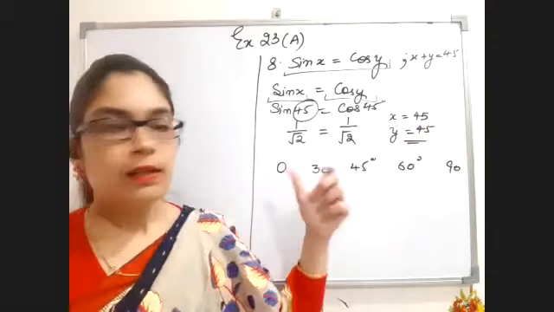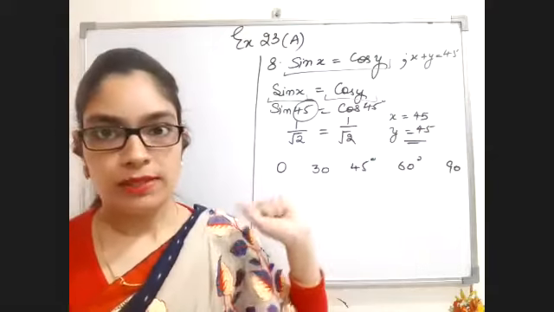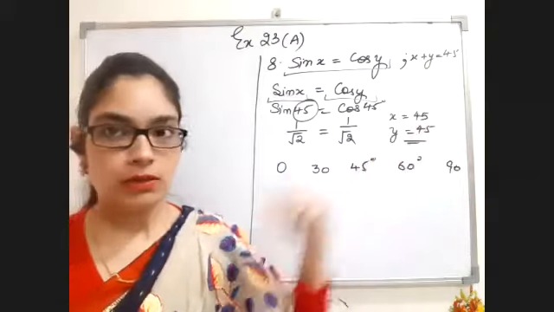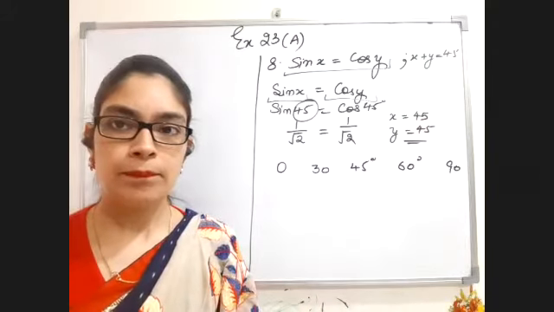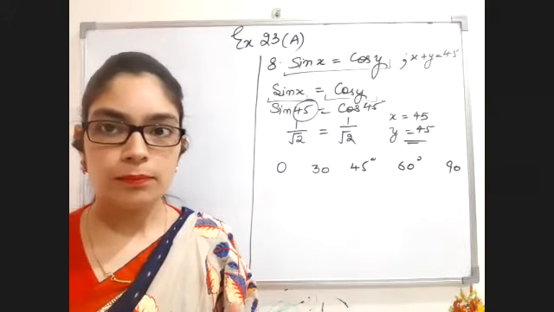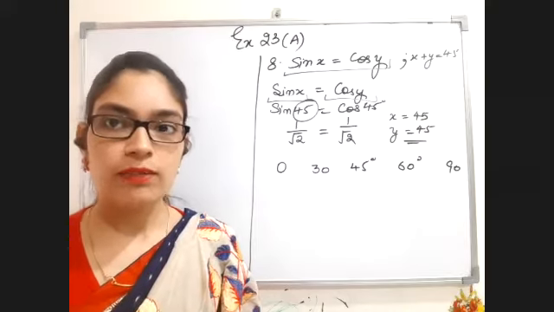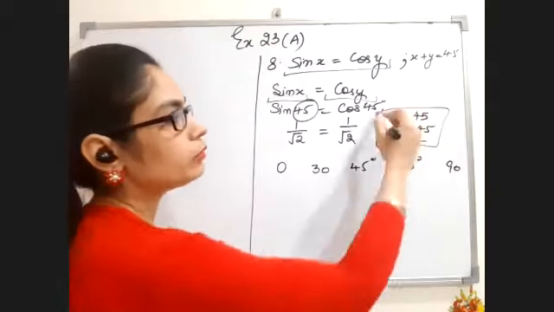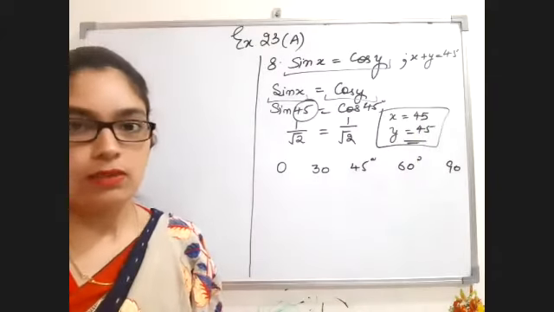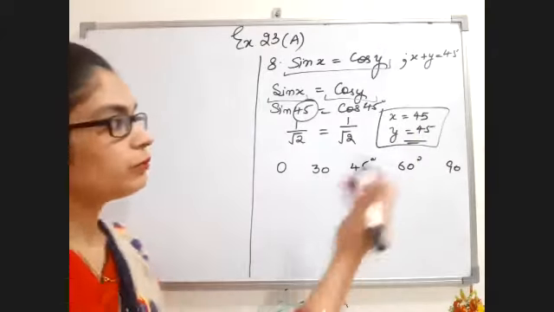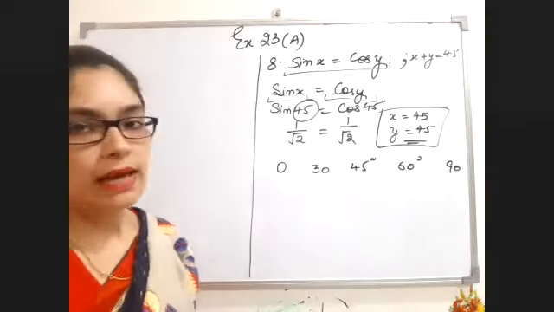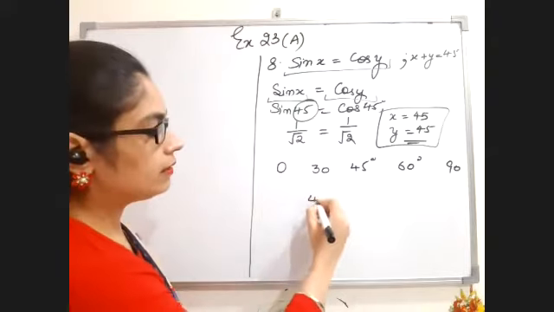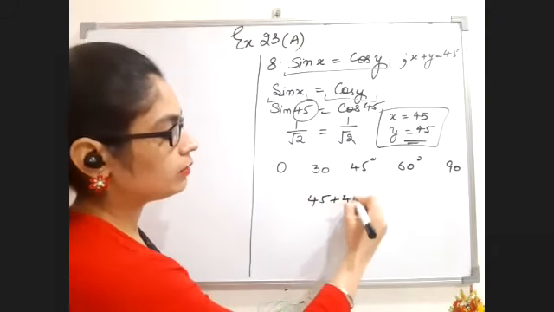So they are saying x plus y is equals to 45. But individually, x is 45 and y is 45. If we add both x plus y, will we get 45? No. When we add them, 45 plus 45, it is equal to 90.